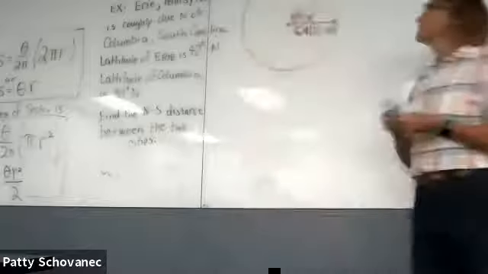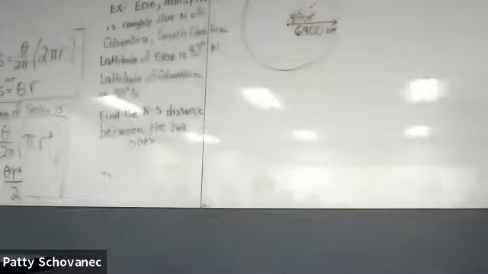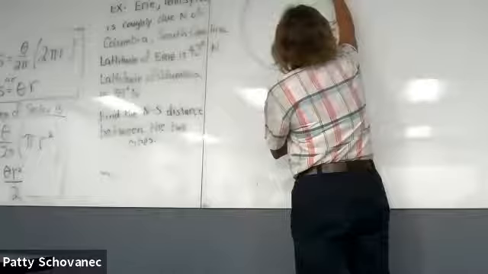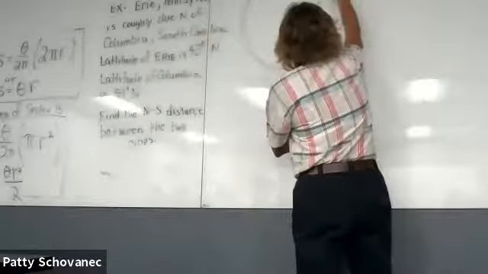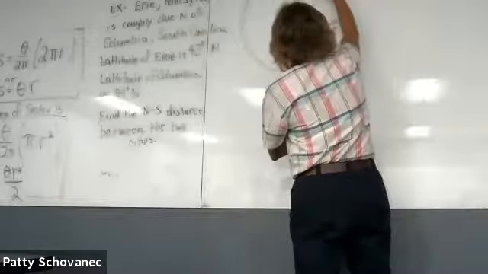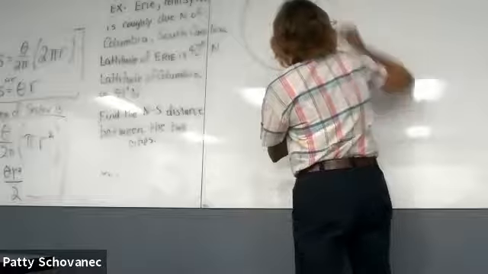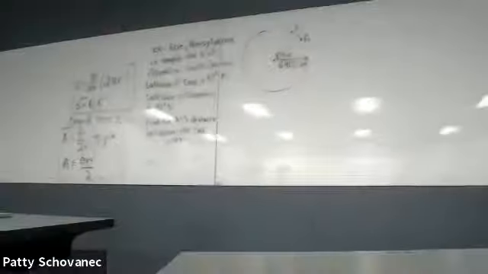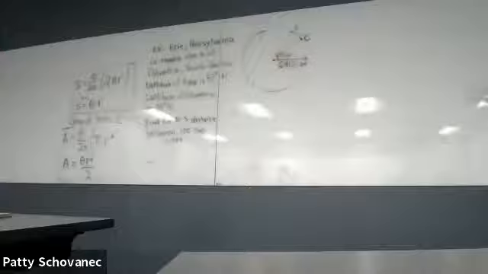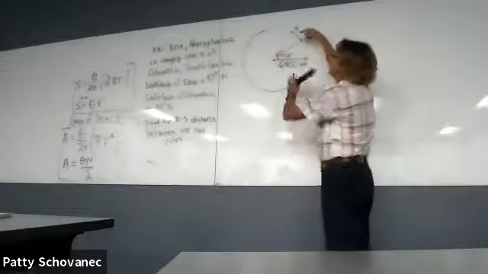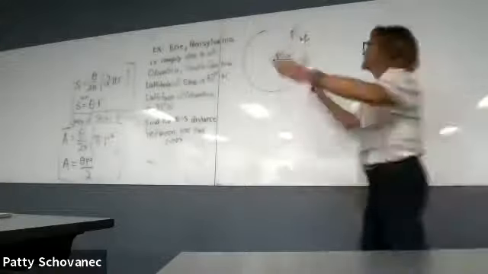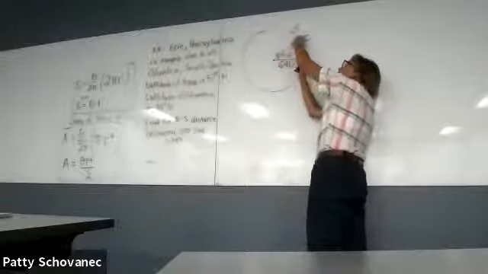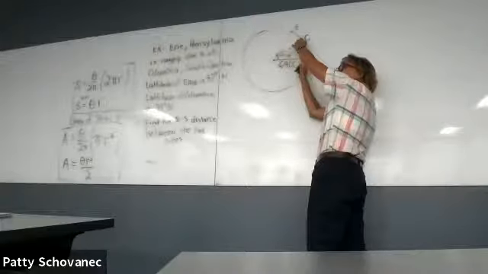Our job is to find the distance between the two cities, which is right here. This arc is subtended by a 42-degree angle, and that arc is subtended by a 34-degree angle.